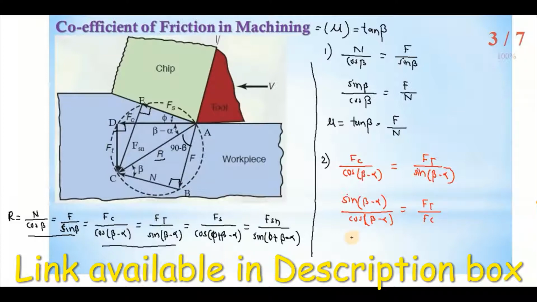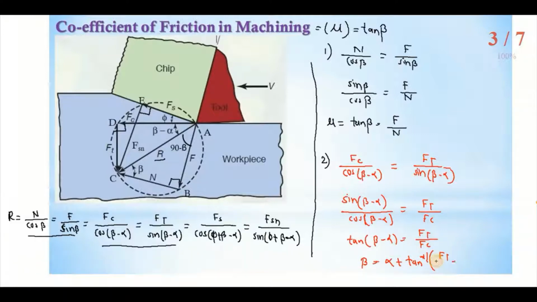So it can be written as tan (beta minus alpha) is equal to Ft upon Fc. So beta is given as alpha plus tan inverse of Ft upon Fc. These are measurable forces, and alpha we get from the tool designation. There we can find this friction angle, and if you know the friction angle, then mu can be found. Mu is equal to tan beta. So this is the second method.